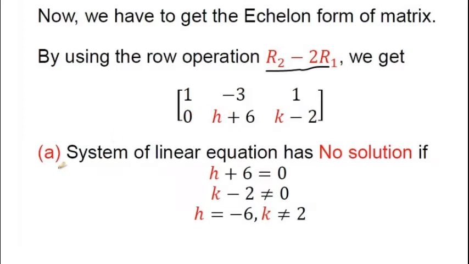Now in part A, we say that the system has no solution. So if the system has no solution, then this entry should be equal to 0 and this entry should not be equal to 0.